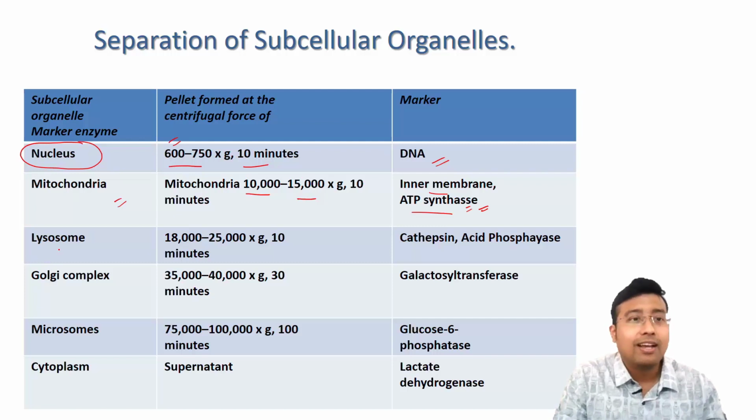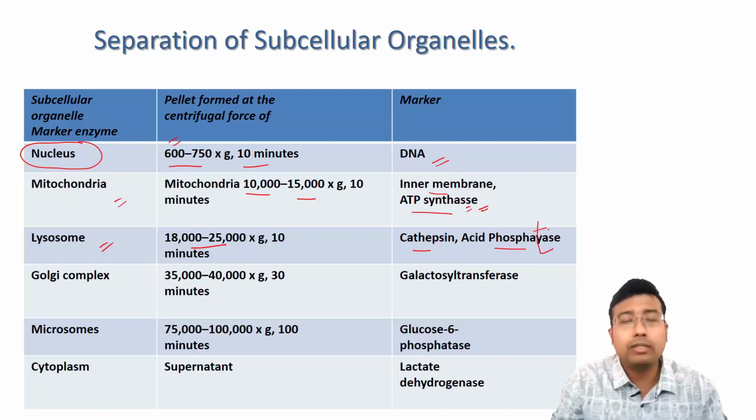Next, the lysosomal pellet, 18,000 to 25,000 g for 10 minutes, will give lysosomes. The markers for lysosomes are cathepsin and acid phosphatase. Consider this as a wake up call.